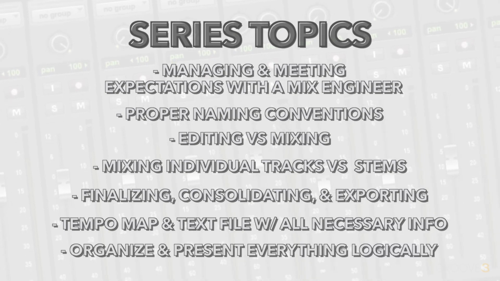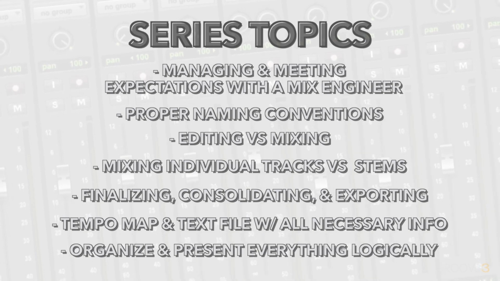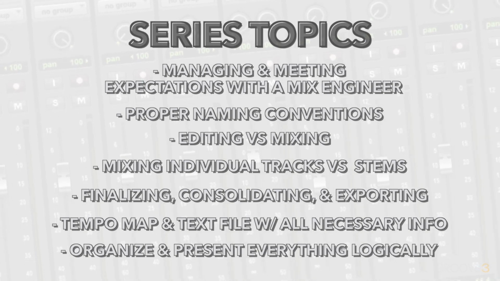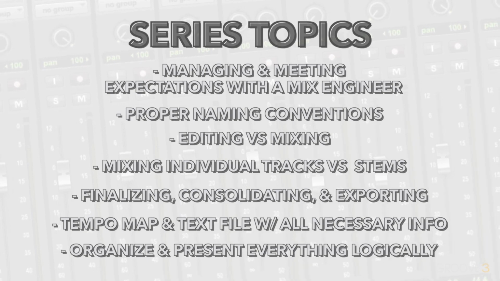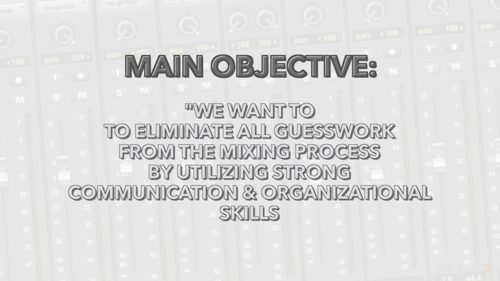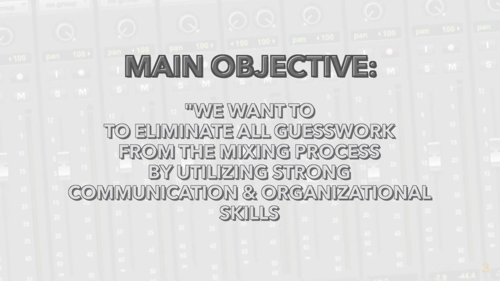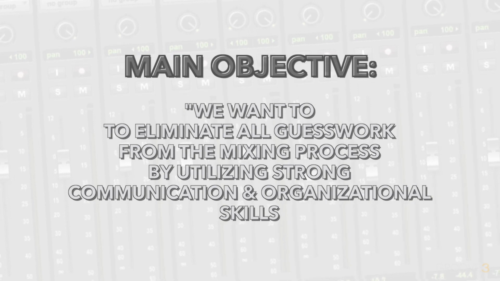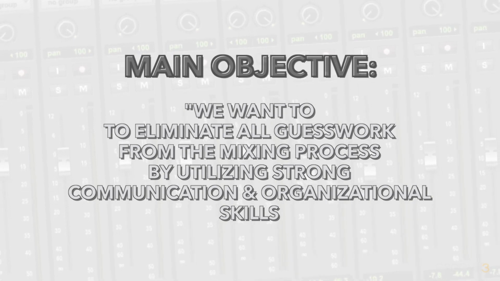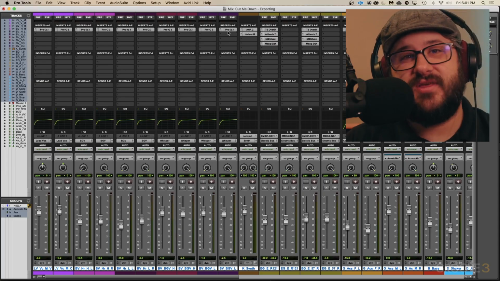And finally, we're going to learn how to organize our folder structure so the mix engineer can open it up, know exactly what they have, drop it in, and get straight to work. Because really, we want to eliminate any and all guesswork from the mixing process. Bottom line here is good organization and good communication with your mix engineer will lead to better results 100% of the time. So that's everything for this video.